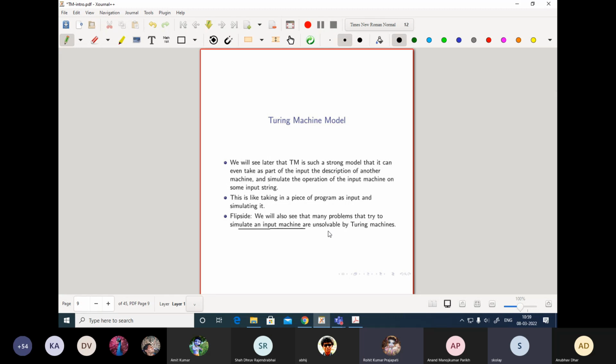So there is a sort of self-reference going on, where the problem itself has a part where you have to simulate the actions of some other Turing machine, maybe even the same Turing machine itself, and we will see that such problems are unsolvable by Turing machines. So all this will come later.